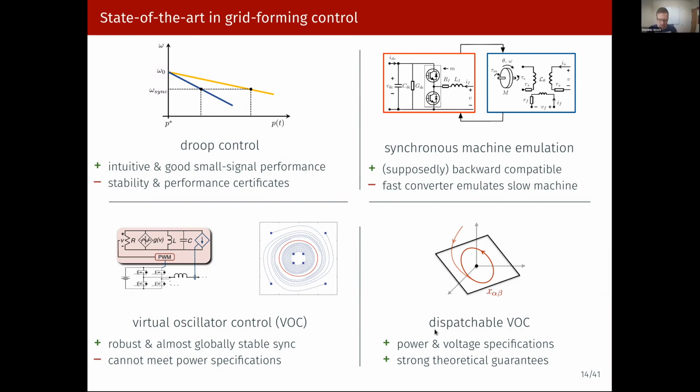For this dispatchable virtual oscillator control, you can do a full nonlinear stability analysis. I could show you results for all of these things, but ultimately this dispatchable virtual oscillator control has the strongest guarantee, and it's subsuming some of the other things, as we will see in a moment. So just to give you an idea as to what these stability conditions look like, I will show you the one for the dispatchable virtual oscillator control.